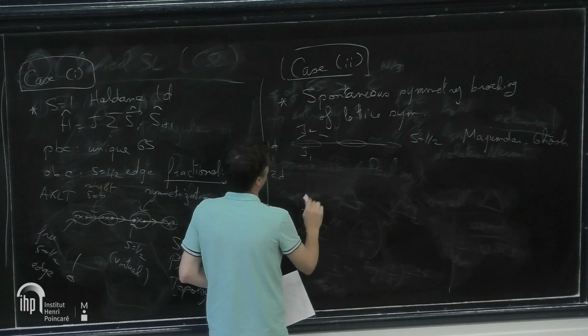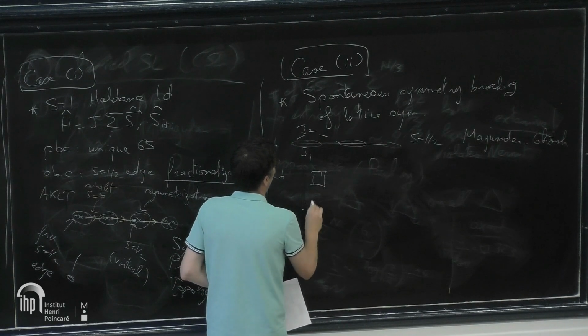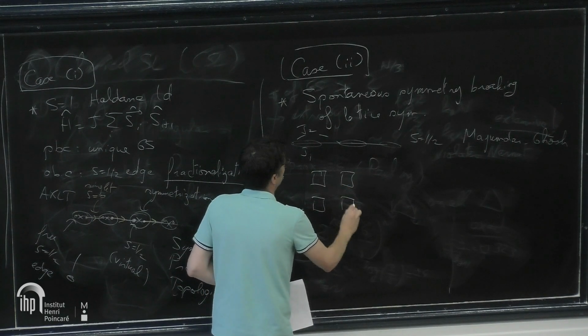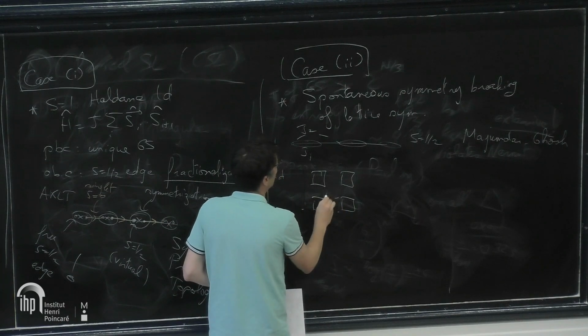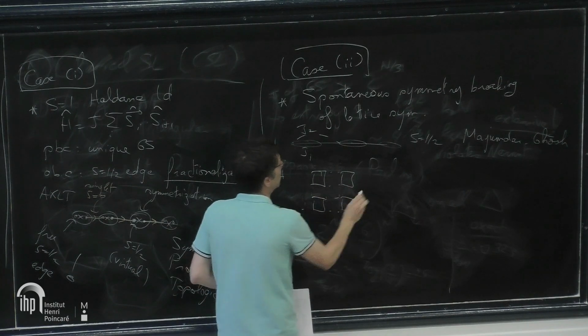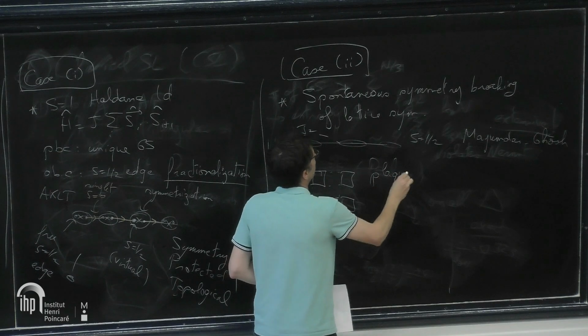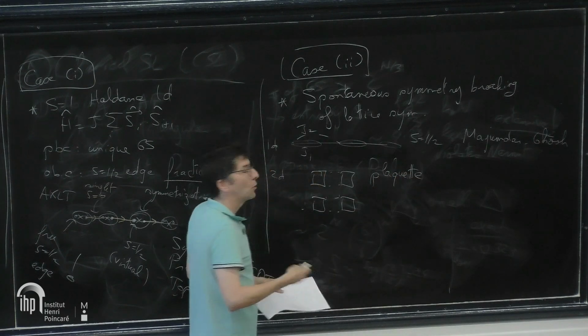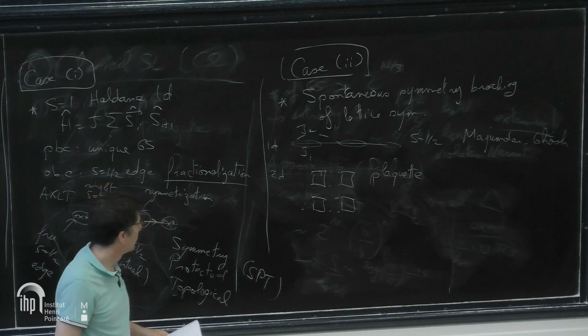But we have good evidence, let's say, for formation of plaquettes, spontaneously on the square lattice. So you do break lattice symmetry for some model or additional interaction.